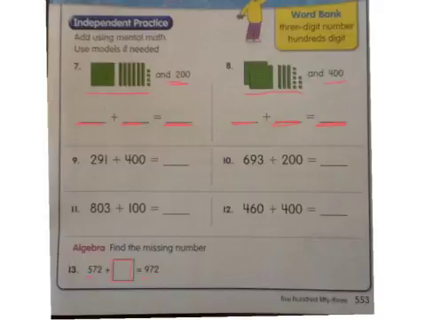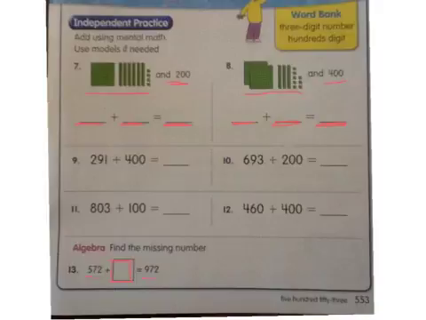So what you would have to think is 5 plus what number equals 9, okay? And that would be the number in your hundreds digit. And then the 72 would stay the same, okay? So it would be 5 plus what equals 9, and then it would be 0, 0, because 72 plus 0, 0 equals 72. And at any time, please raise your hand if you need any help with understanding this, okay?